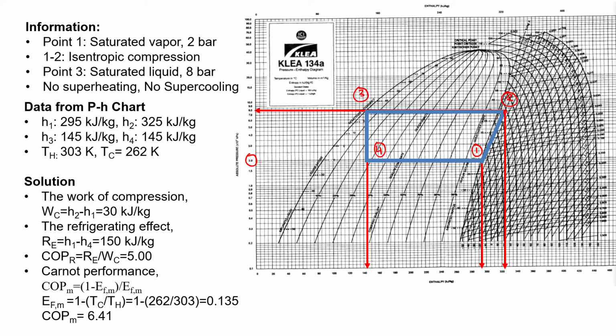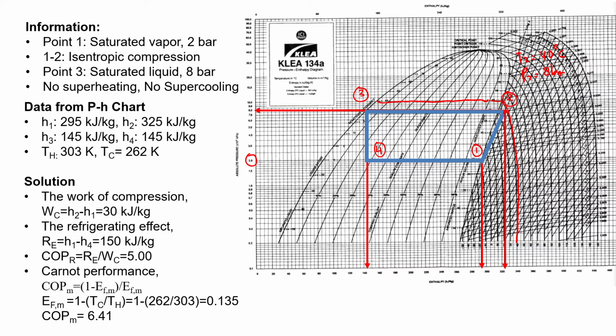To check the temperature, you go up and find the temperature line here. So this is the temperature line of 40. So P2 equals 8 bar, T2 equals 40 degrees Celsius, and it's a superheated vapor.